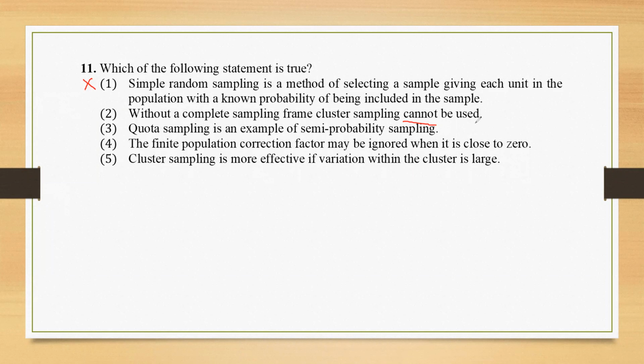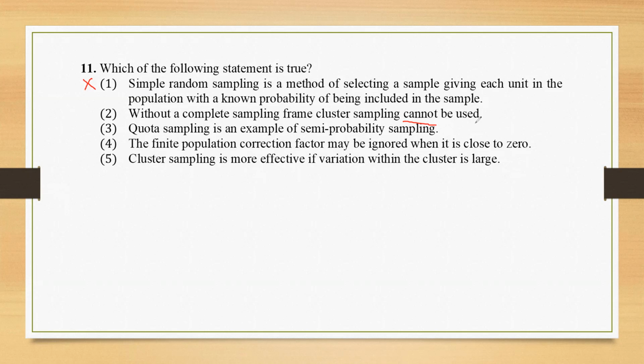The population may consist of clusters, artificially or naturally. What we do is select one or more clusters randomly to represent the population. So therefore, we are not interested in a sampling frame in cluster sampling.